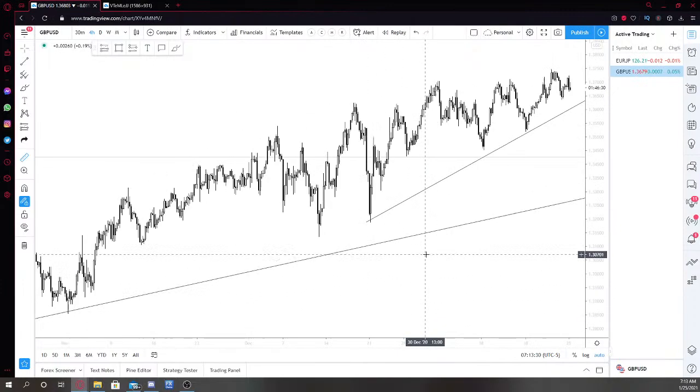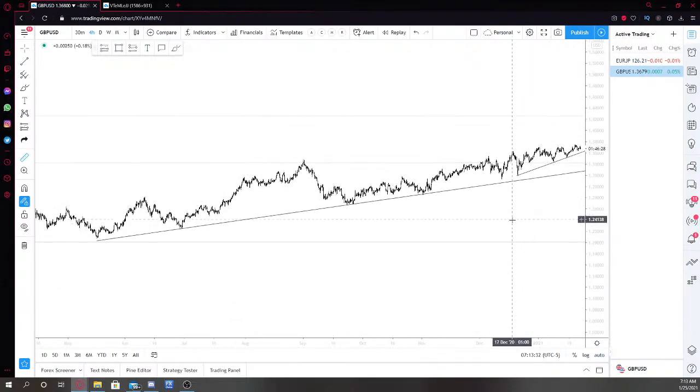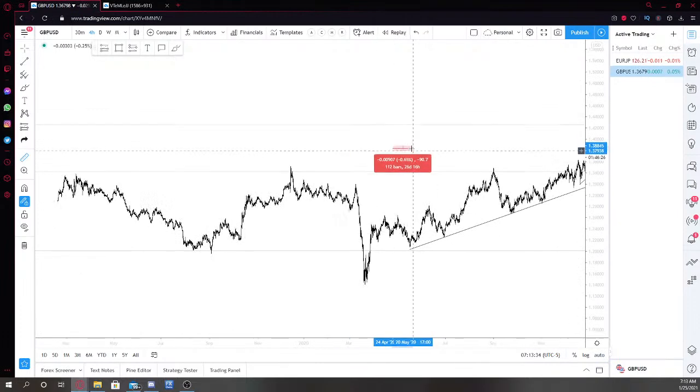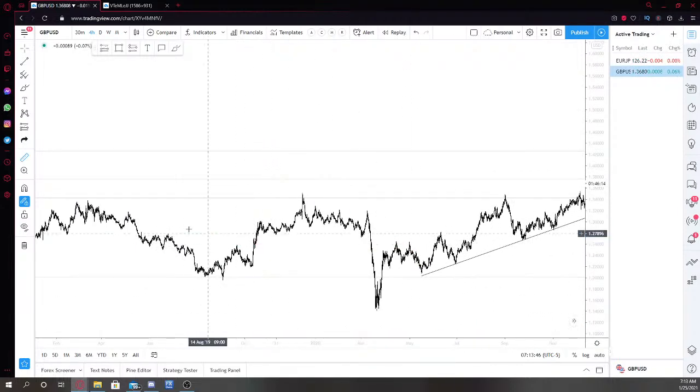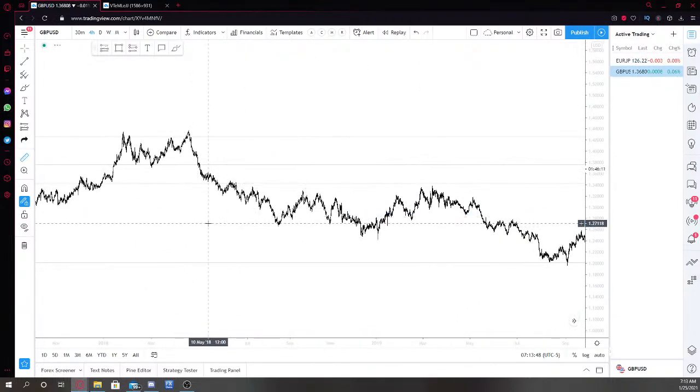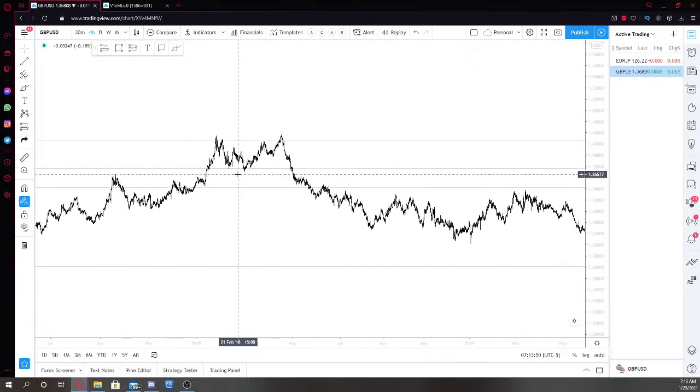Let's reset here. On the 4 hour time frame, it looks like we can set a line just above price. Let's see if there's an area here actually. Yeah, that's perfect.